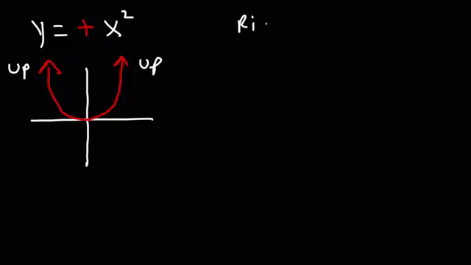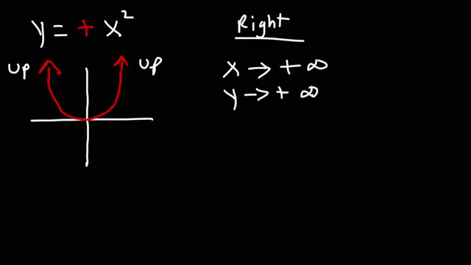On the right side, as x approaches positive infinity, y approaches positive infinity. So here's how you can visualize it. As you move towards the right along the x-axis, as you go towards positive infinity, the values along the y-axis are increasing.